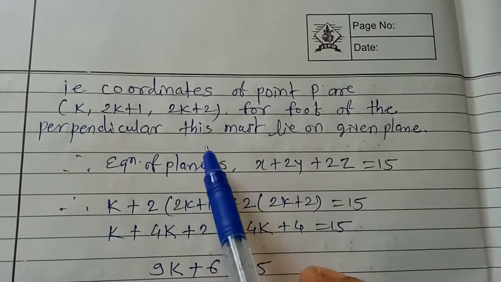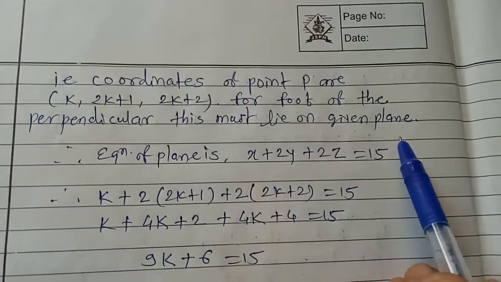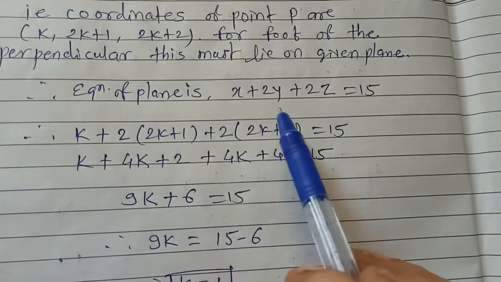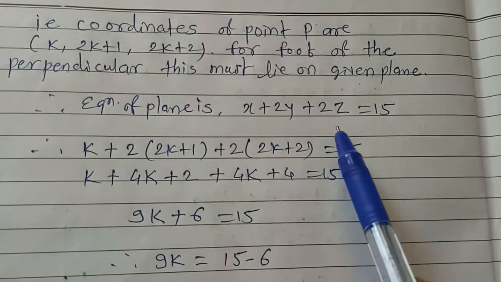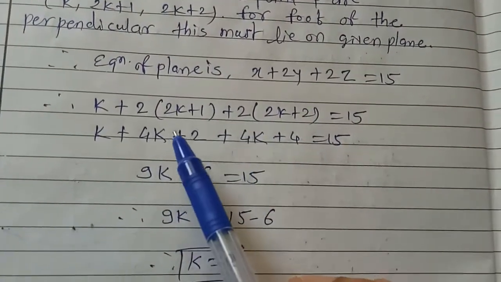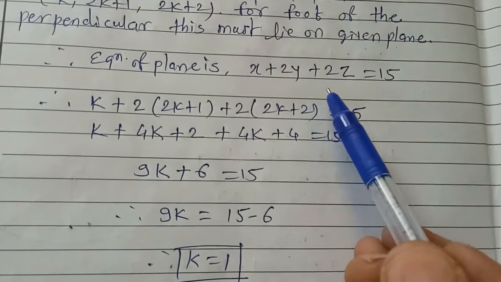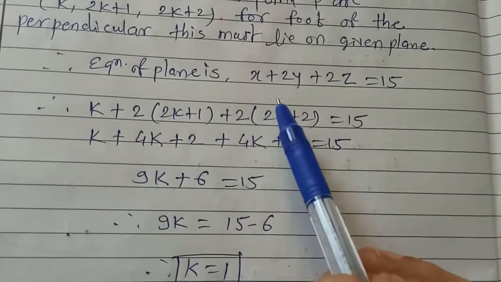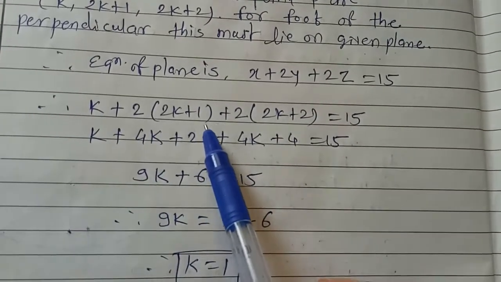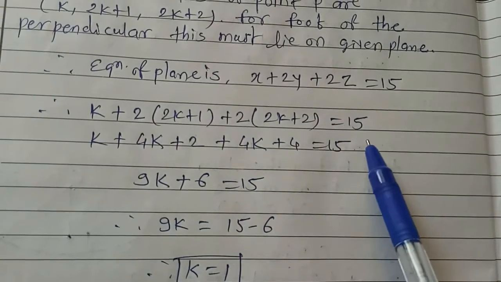For the foot of the perpendicular, this must lie on the given plane. Now here we have the equation of the plane, which is x plus 2y plus 2z is equal to 15. So we put these coordinates into the equation of the plane so that it satisfies the equation of the plane: k plus 2 times 2k plus 1 plus 2 times 2k plus 2 is equal to 15.